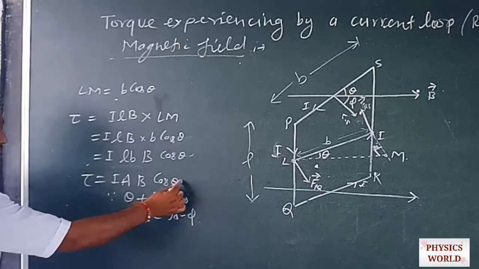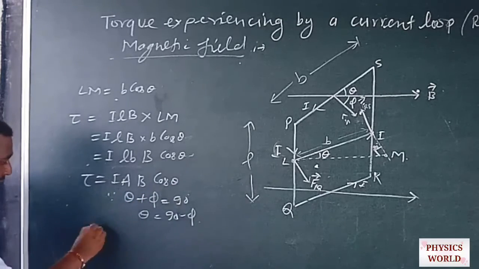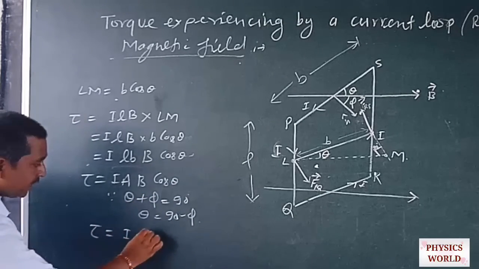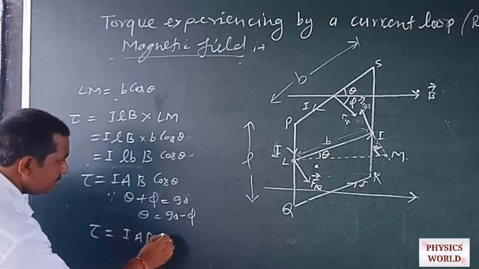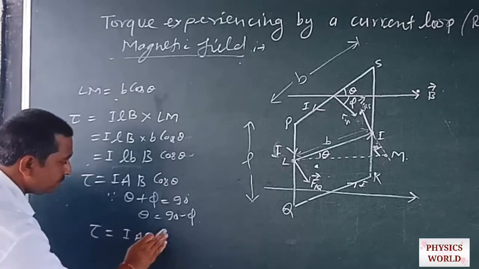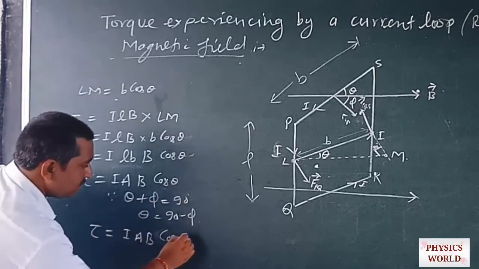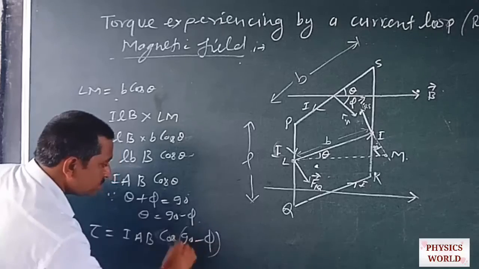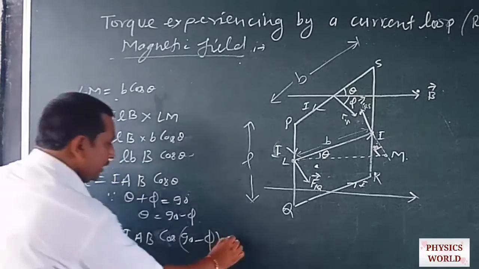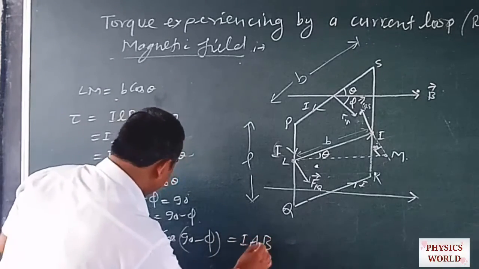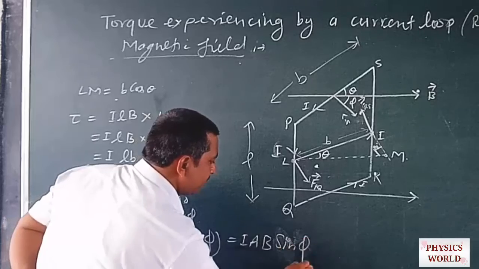If we replace theta by 90 minus phi, we get I into A into B cos of 90 minus phi. So this becomes I A B sine of phi.